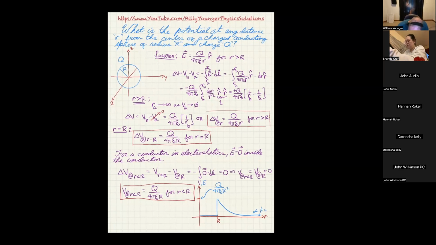But in purple, this value is Q over 4 pi epsilon naught R. Okay. So now this one becomes like this, and then it falls off like 1 over r. Okay, so you can see in one graph how different the electric field magnitude is versus the voltage magnitude, and so on and so forth. Anybody have any questions on that one?